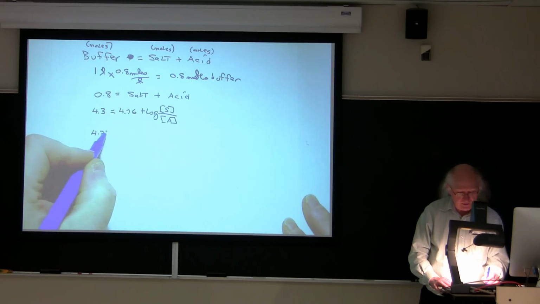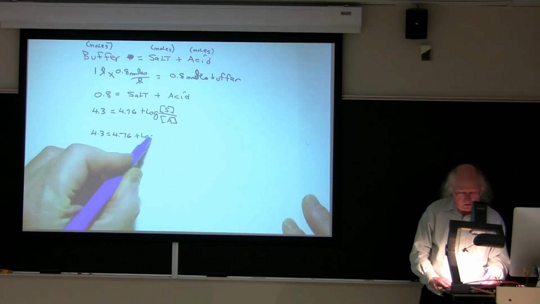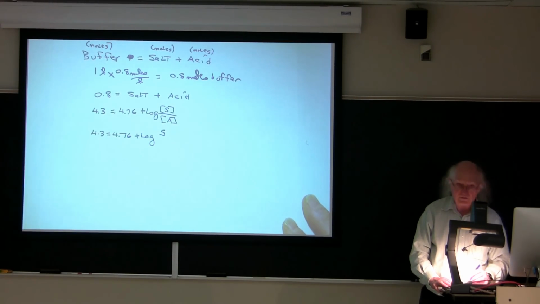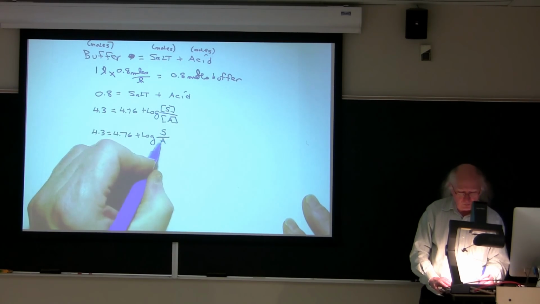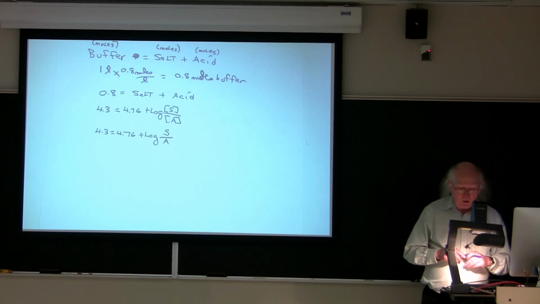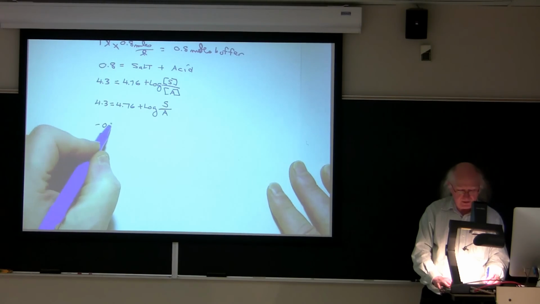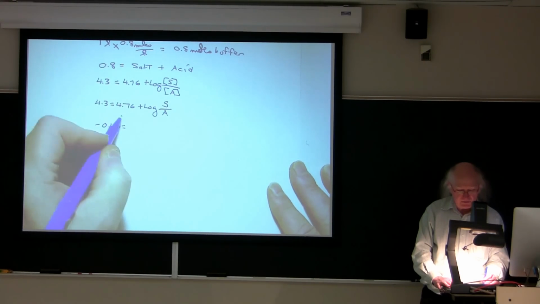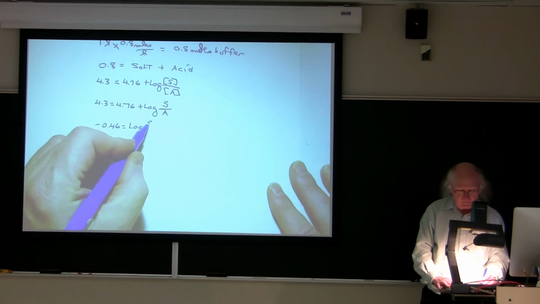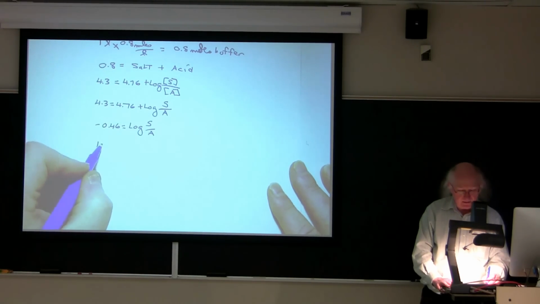So I can write that equation as 4.3 equals 4.76 plus the log, in this case, of the number of moles of salt divided by the number of moles of acid, again, because they're in the same volume. Well, when I do that calculation, I see that minus 0.46 is equal to the log of the number of moles of salt divided by the number of moles of acid.